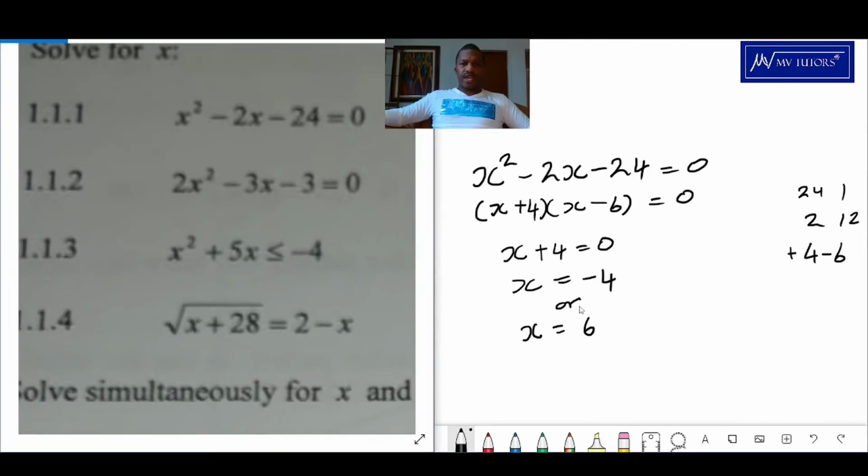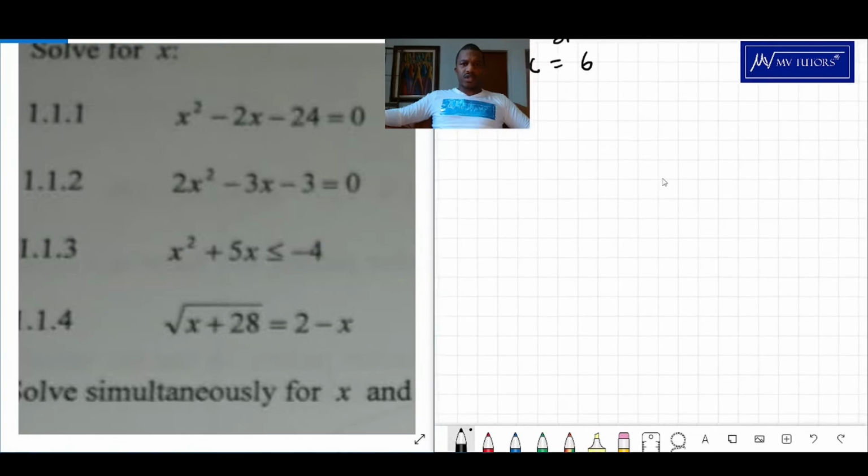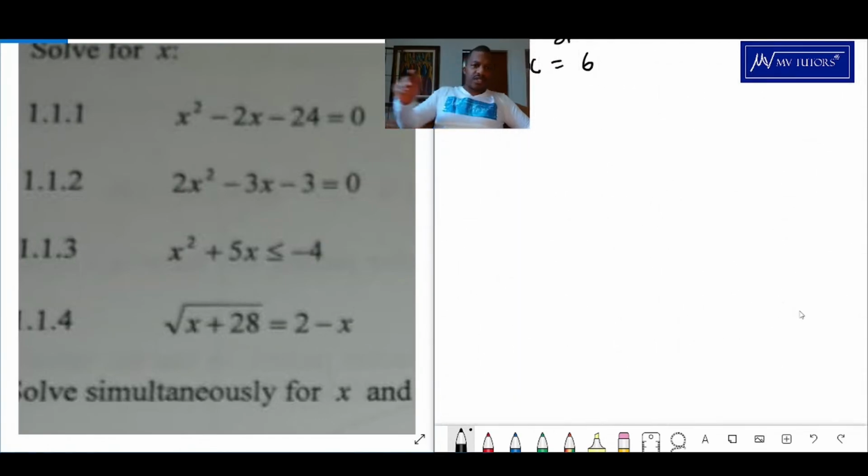Now let's go check out 1.2. It's right over there. And then what I want to do as well is just solve it over here. Now I like to use different color pens, so let's go for red this time, and it's gonna be 2x squared minus 3x minus 3 is equals to 0.